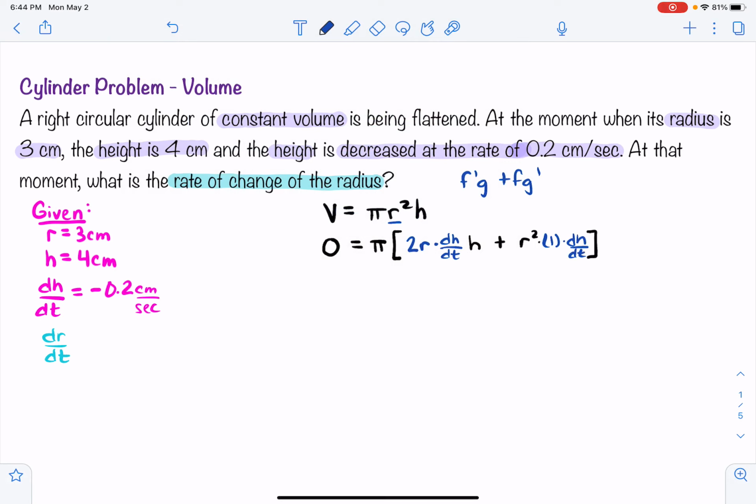Now from here, I just plug in all of my given information. My radius is 3, my height is 4, and my dh over dt is negative 0.2 centimeters per second.